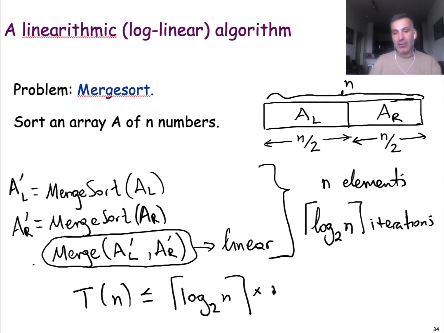So this is why I will write here times n times a constant. So we end up with a running time which is the product of the logarithm of n times n. This is why we refer to such algorithms as log linear or linearithmic time algorithms.